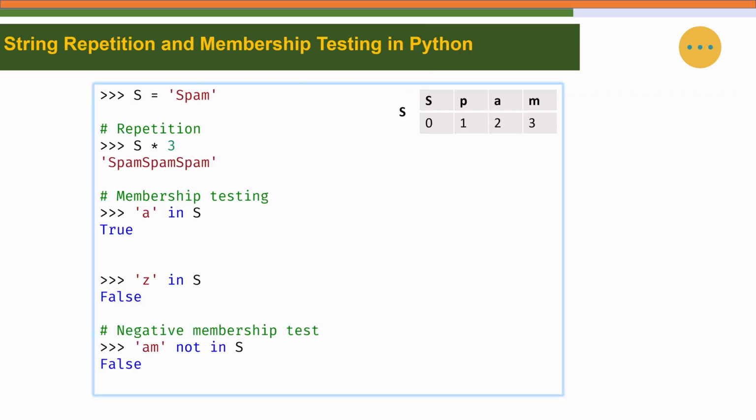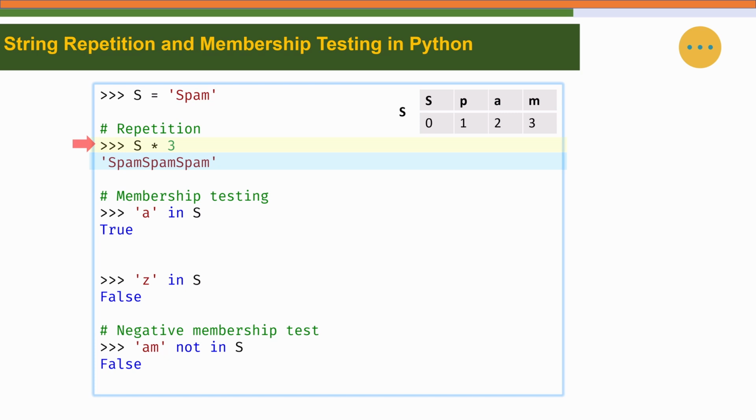Let's look at two more common operations you can perform with strings, that is repetition and membership testing. First, look at the repetition operator, that is represented with an asterisk sign. When you multiply a string by an integer, Python repeats that string that many times. For example, if you write s asterisk 3, this gives you a string with the word spam repeated 3 times.